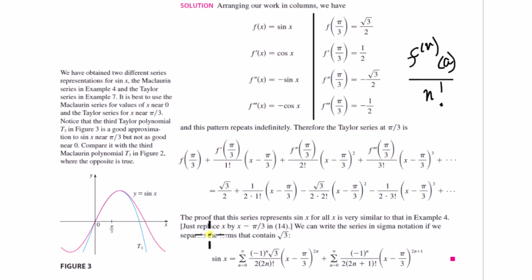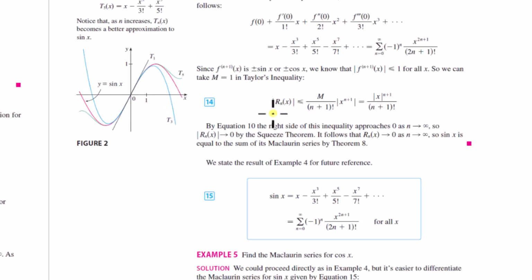It says just replace x by x minus pi over 3 in equation 14. So this is equation 14. You just have r sub n of x minus pi over 3. So you could imagine it's going to end up being the exact same proof. Everything's going to work mechanically the same way. It's just you're doing it with x minus pi over 3 instead of x.